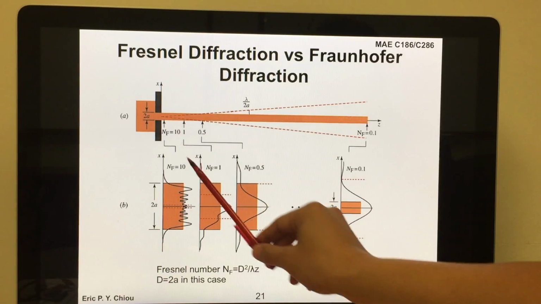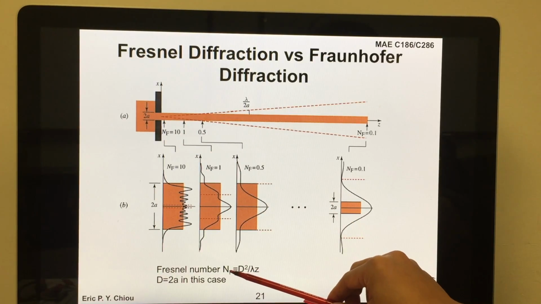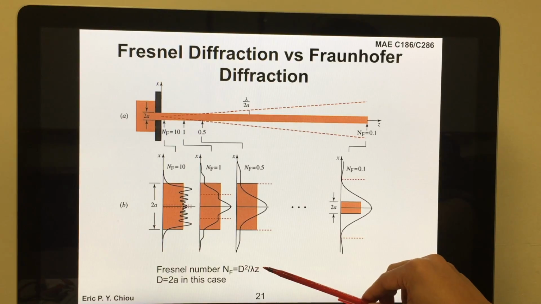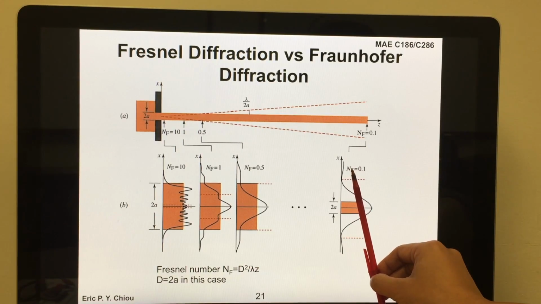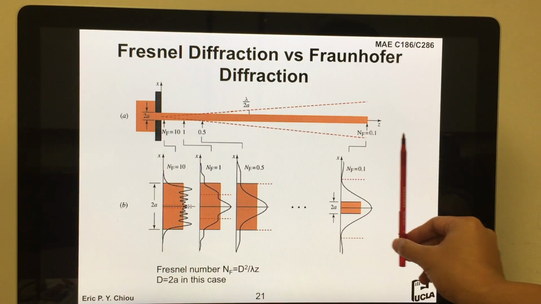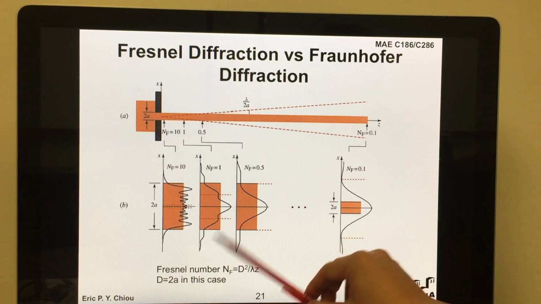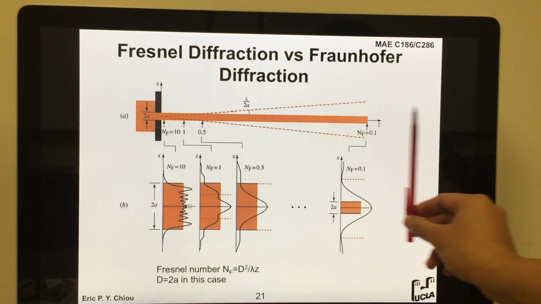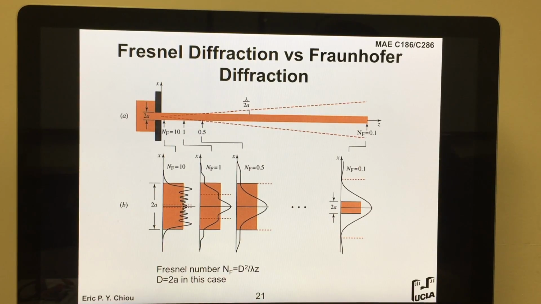When the distance starts to increase, this Fresnel number starts to decrease. For example, in this case the Fresnel number N_F is 0.1. Further propagating away, the N_F will be smaller and smaller, which means that with a smaller Fresnel number, you will see the Fraunhofer diffraction pattern.